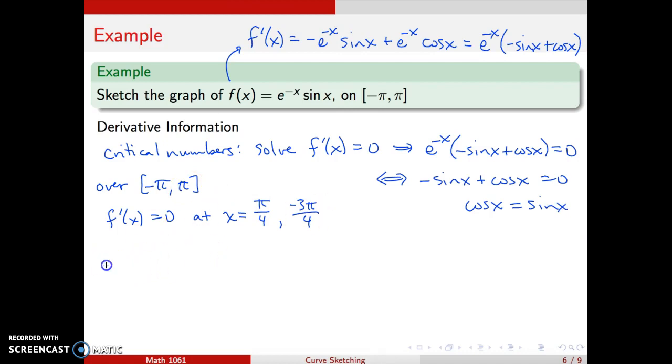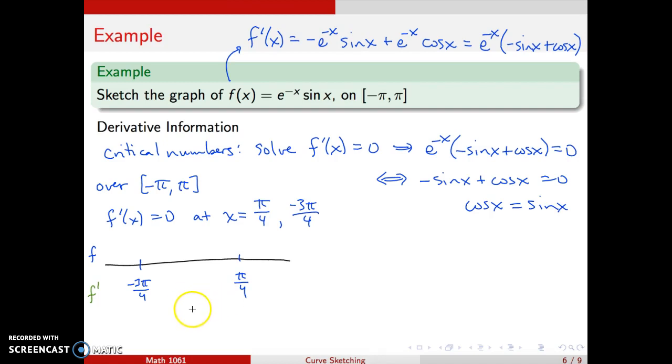So I'm going to play my game where I'm thinking about what's happening in between those critical numbers. Something less than negative 3 pi over 4. Well, let's see, what would we have?